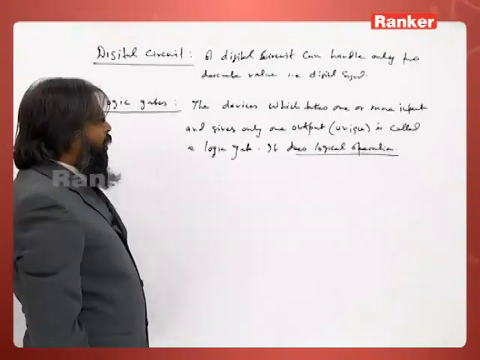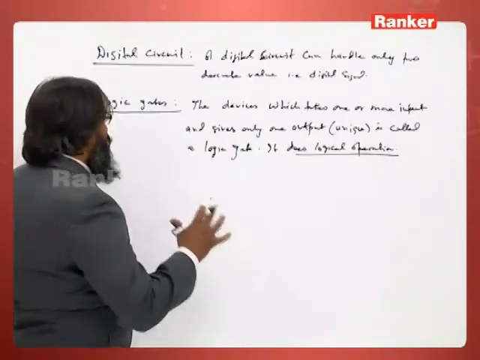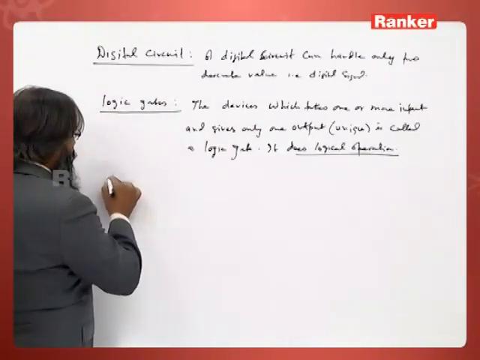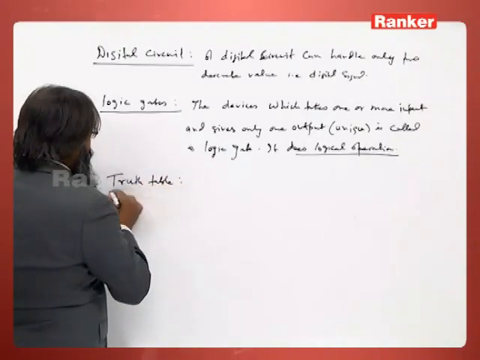Now any logical operation is expressed in some tabular form that is called a truth table.